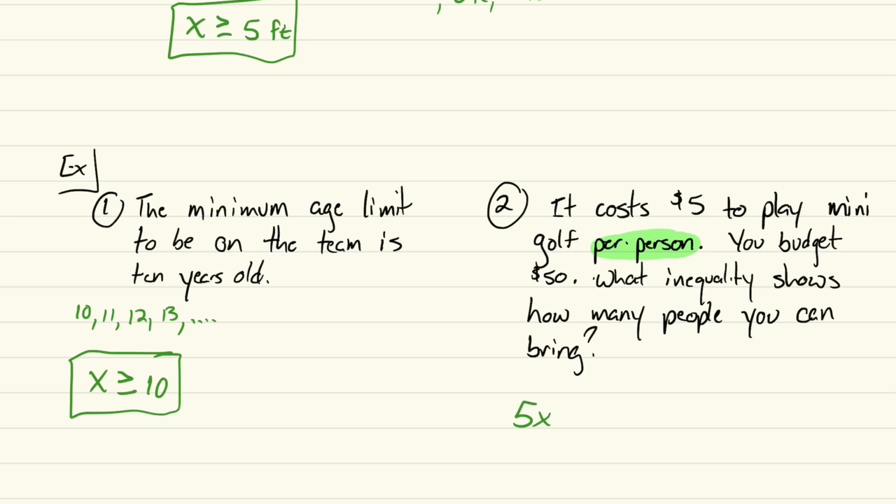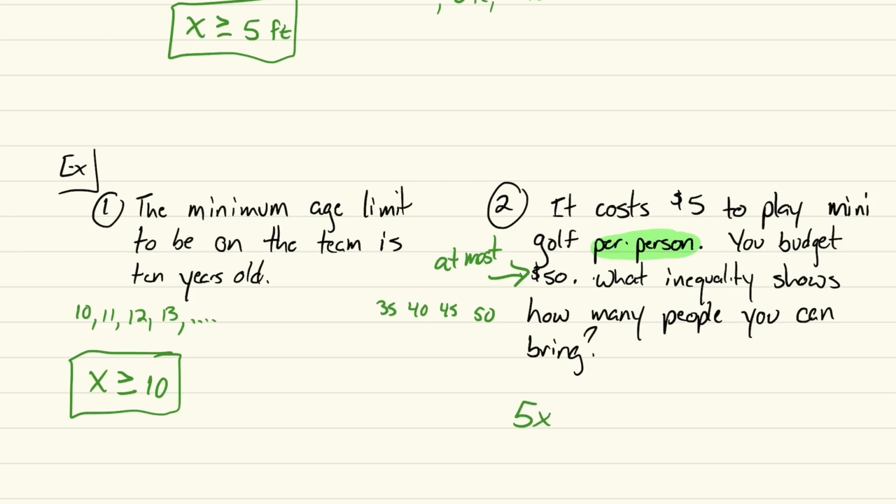So if I budget $50, that means I have at most $50 to spend. So however many people I can bring, it can't cost any more than $50. So I could spend $50, I could spend $45, I could spend $40, I could spend $35. I can't spend more than $50 though.